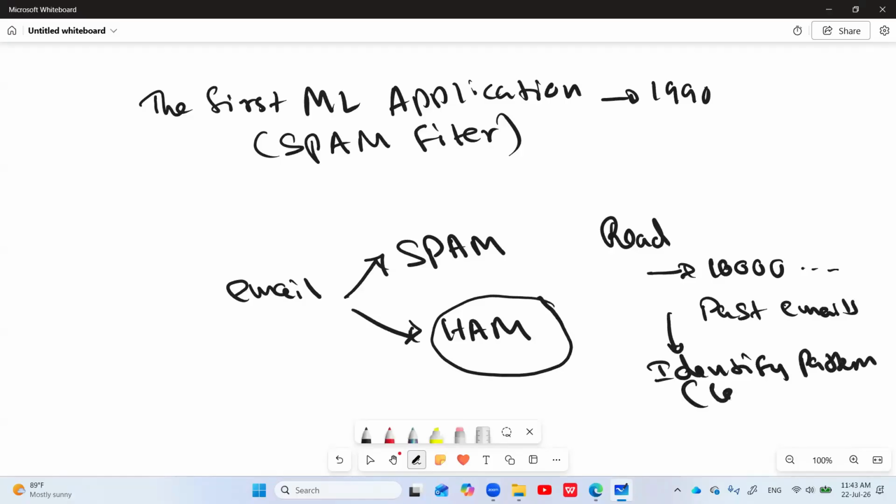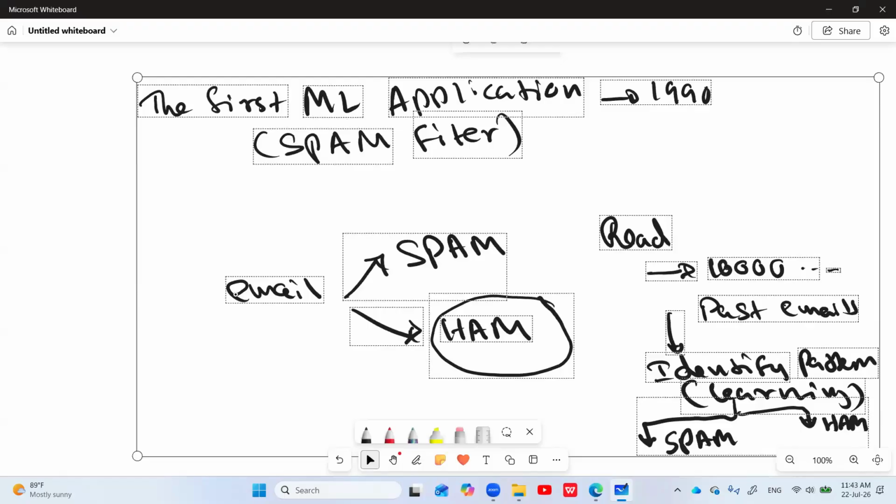That means learning. By using that data, because it has learned, it can classify an email as spam and another as ham. That is machine learning.